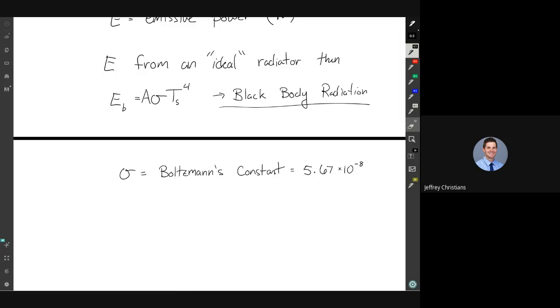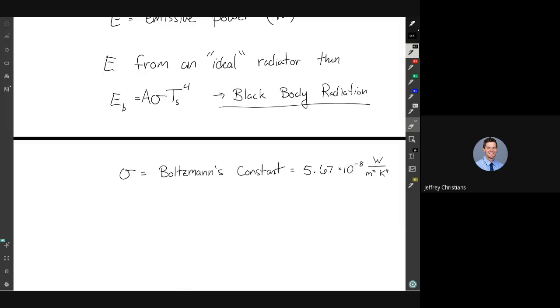Look at what it is: 5.67 times 10 to the negative 8, 5678. Watts per meter squared Kelvin to the fourth. Okay, so that's the Boltzmann constant.